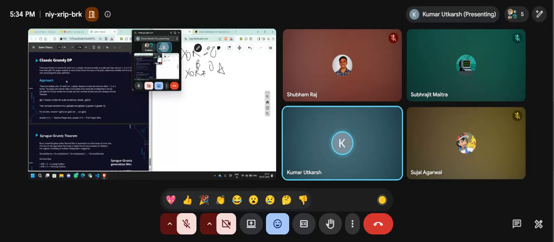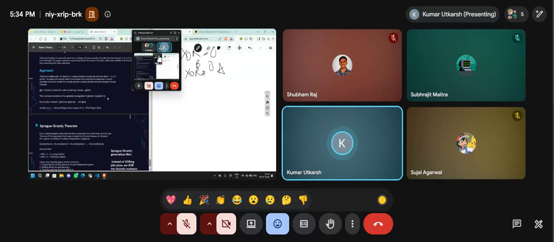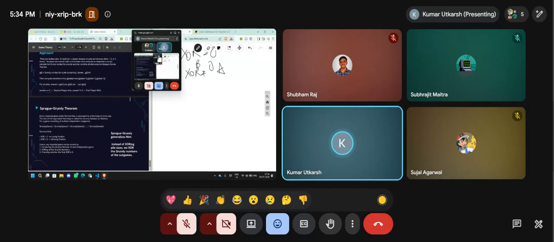Now we have discussed this classic Grundy theorem, Grundy DP problem, similar to that. What we see as the final answer, the XOR of all the Grundy numbers, is the Sprague-Grundy theorem. That is for a Grundy game. It means XOR by XORing all of the values of Grundy of game 1 for the first pile, second pile, all individual piles, and game K, right?